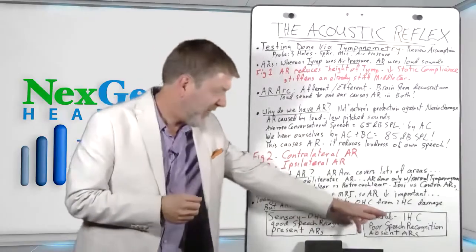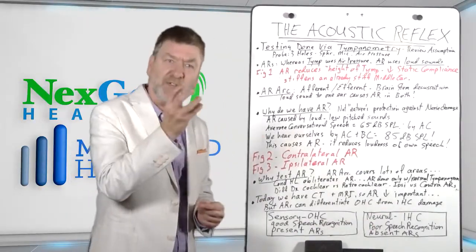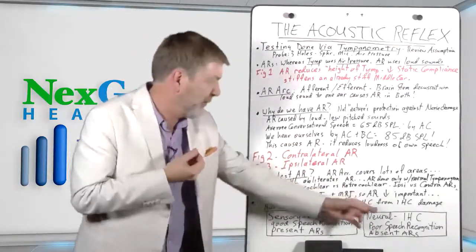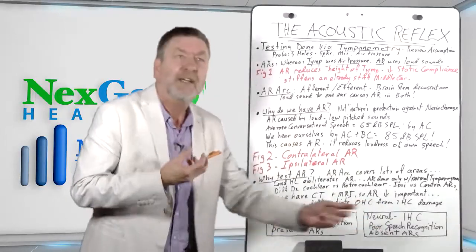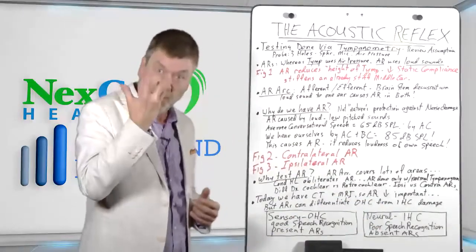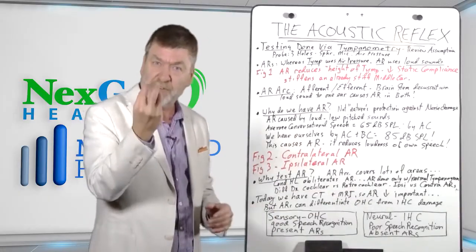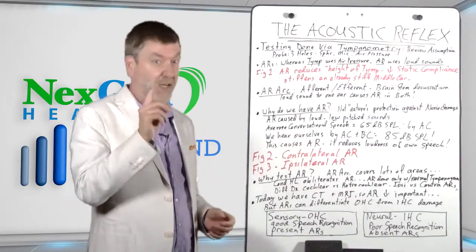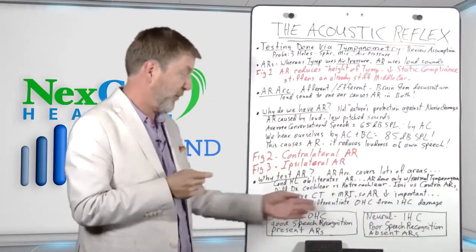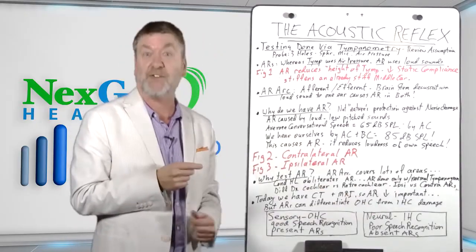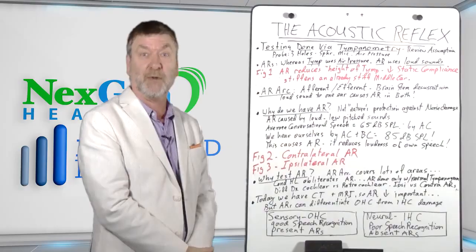Again, because the inner hair cells are part of the acoustic reflex arc. And if a garbled message is sent up to the brain, that speech is going to be heard garbled. So that's a non-behavioral test. The acoustic reflex has a lot of purposes, and one of them is to help differentiate between inner and outer hair cell damage without even going near the cochlea.